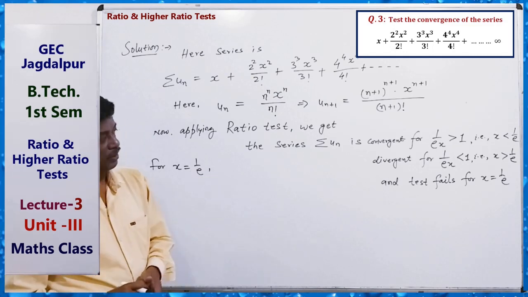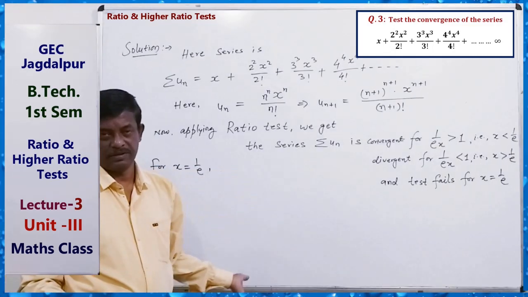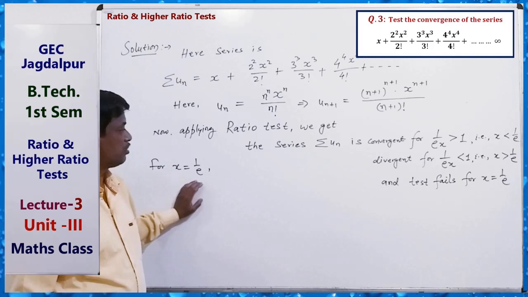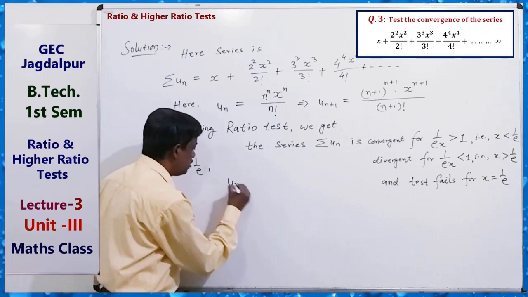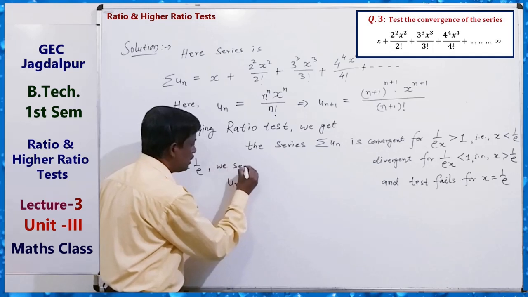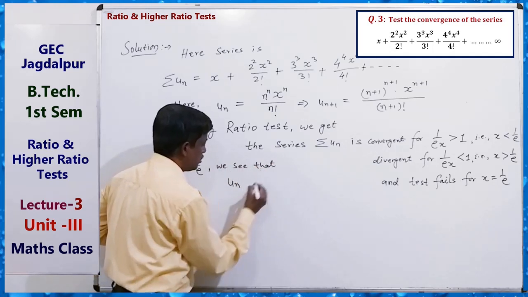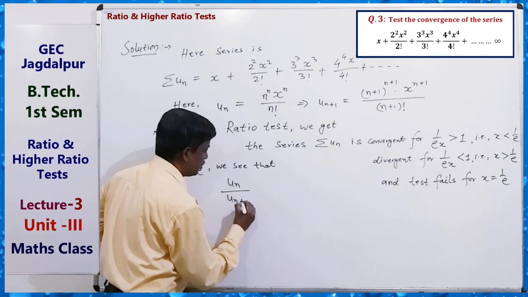See, for x equal to 1 by e, the test fails. Now for x equals to 1 by e, we see that un upon un plus 1.